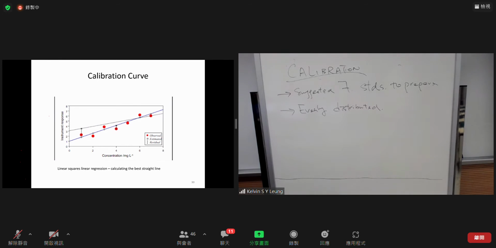So the sum of the square residuals for the poor dashed line, okay, will be much larger than that for the solid best fit line. So the blue one is the best fit line, and the dotted line is the sum of the square residuals, okay?